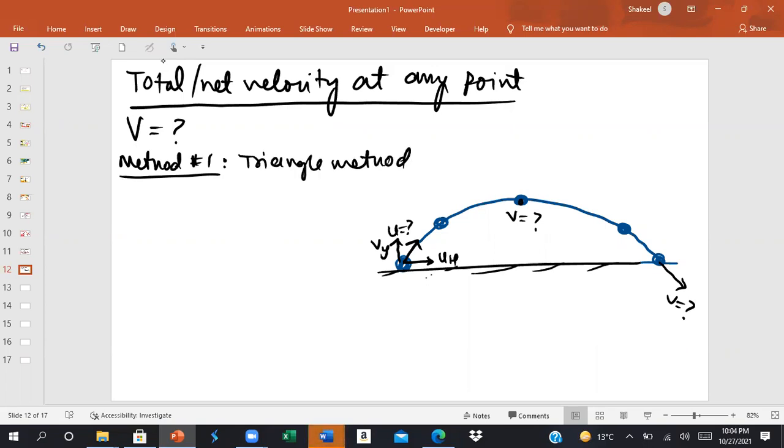You will be using this triangle method if both the horizontal and vertical components are known to you.